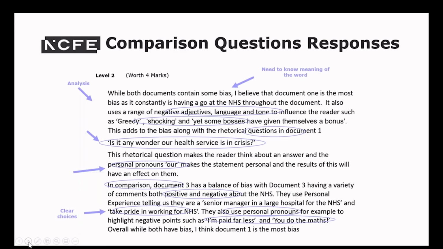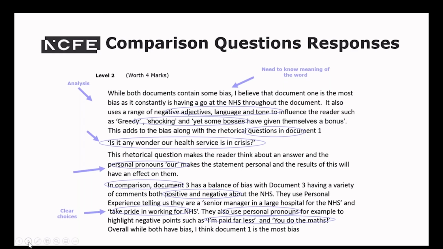So you can see this is when they've come to write it. So they've taken what they've got from both of those documents. They've started: while both documents contain some bias, I believe that document 1 is the most biased as it constantly is having a go at the NHS throughout the document. It also uses a range of negative adjectives, language and tone to influence the reader, such as greedy, shocking, and yet some bosses have given themselves a bonus.